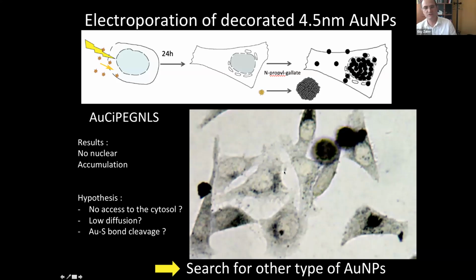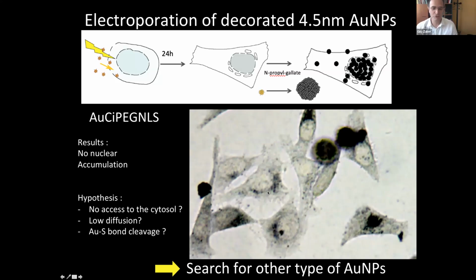So this is the result we obtained with the gold particles that are 4.5 nanometers. What you can see here is that some gold particles get inside the nucleus, but this is a dead cell. And most of the cells do not accumulate the gold particles.